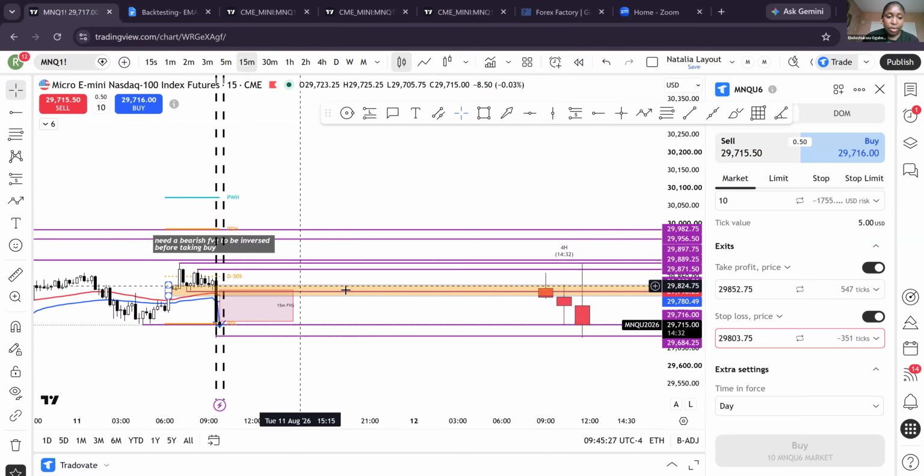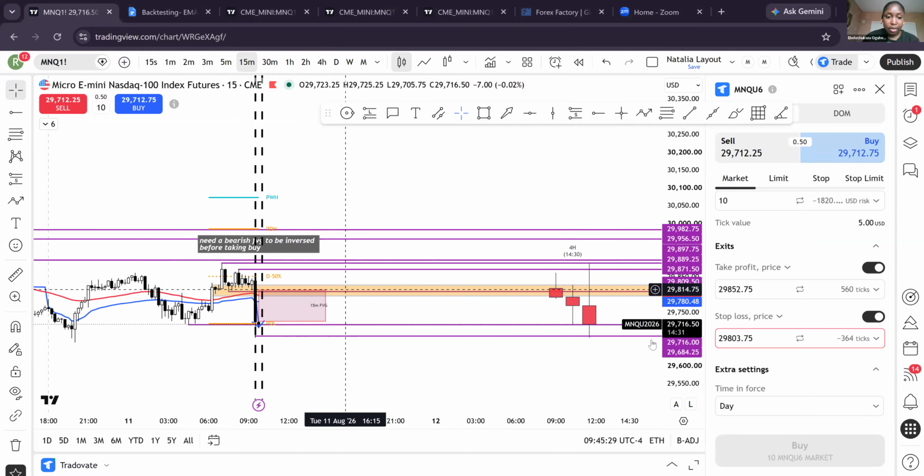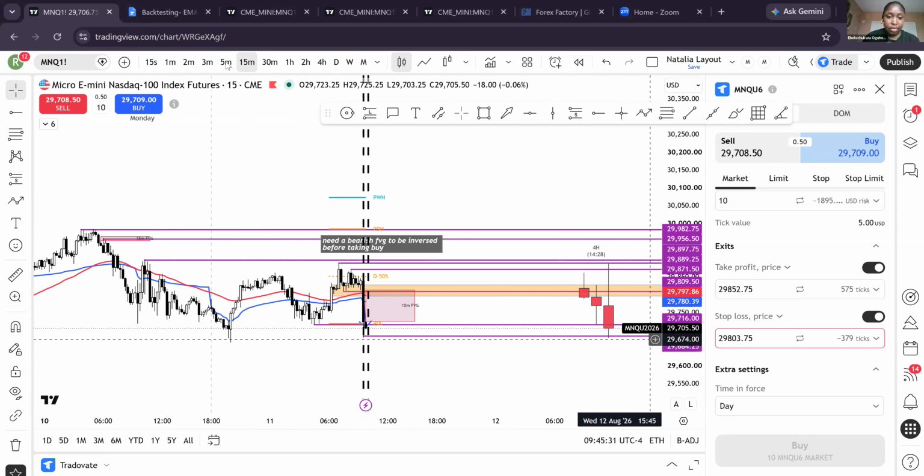Oh, we got this huge bearish gap. We're going down. Okay.